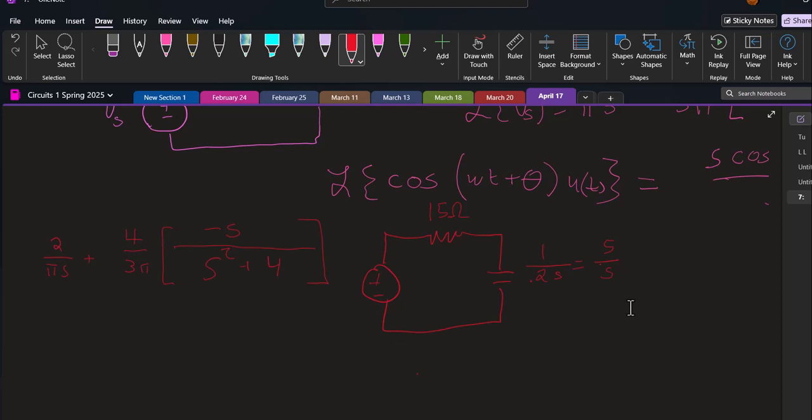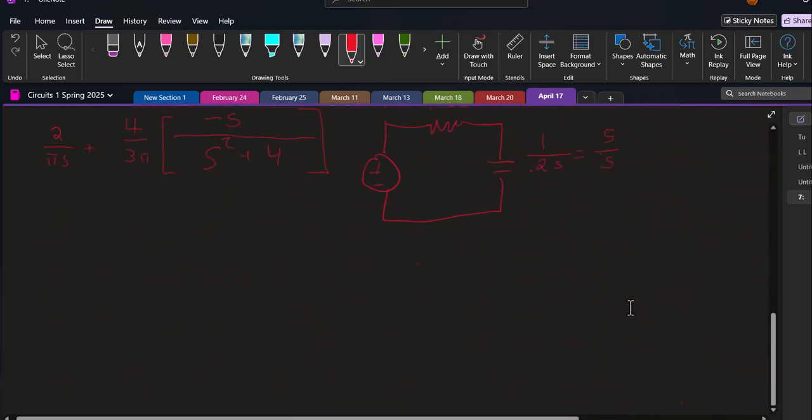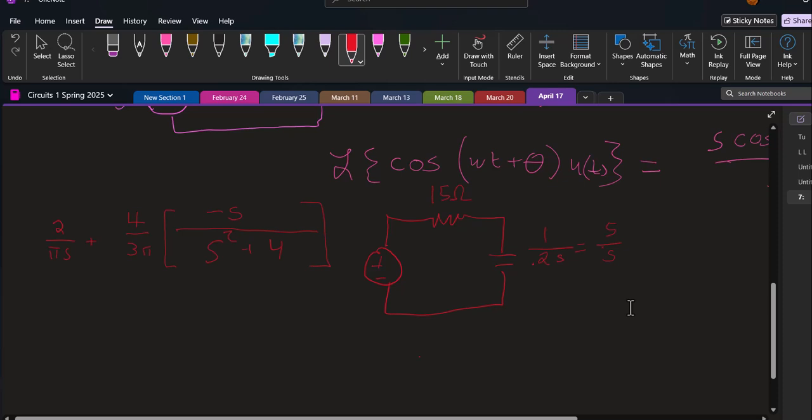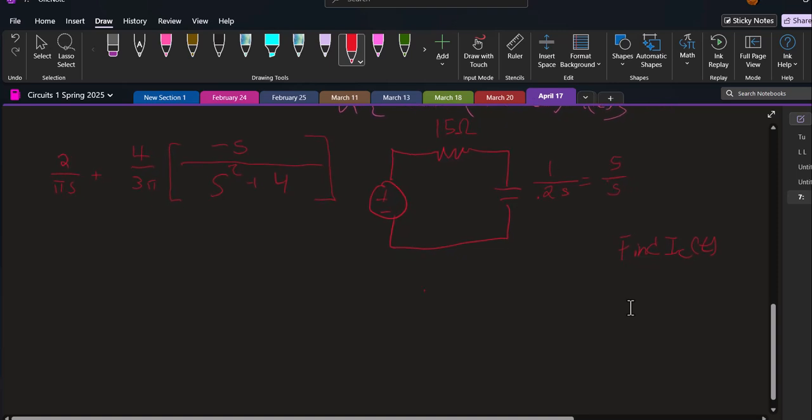And I didn't give you a problem for this. Let's have our problem be to find IC of t, the current through the capacitor as a function of time t. So we'll do KVL.